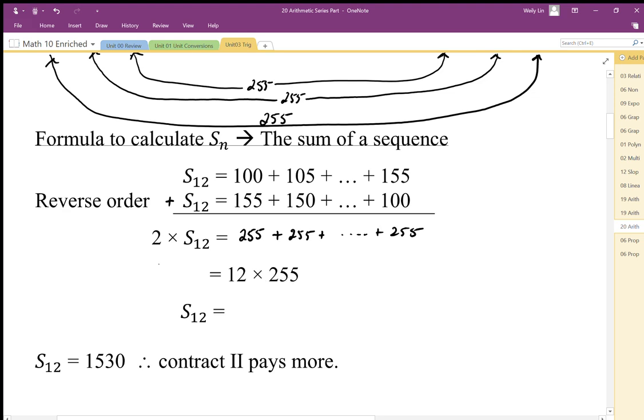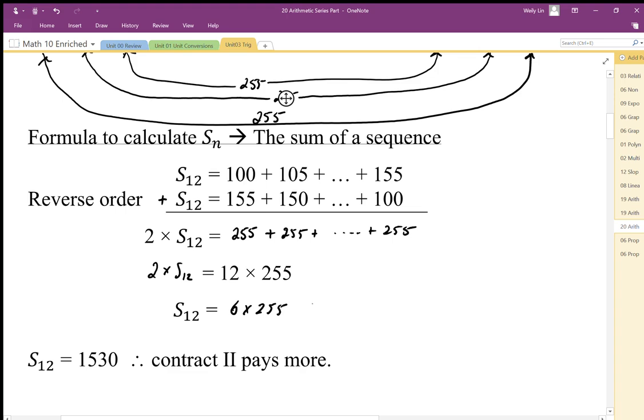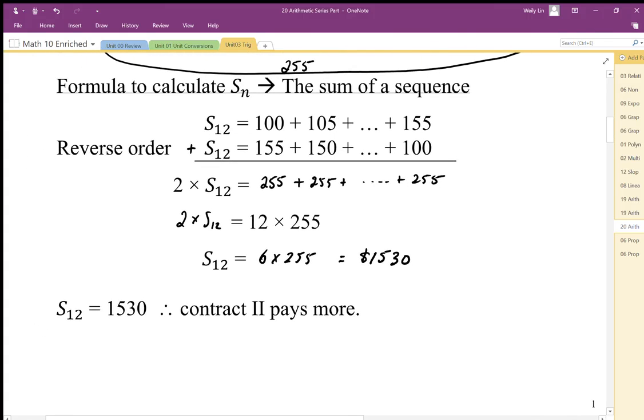If I want to find the sum of the 12 terms, I'm going to divide both sides by 2. So I end up with 6 times 255, which is the same as what I did when I paired it, and I end up with 1530.